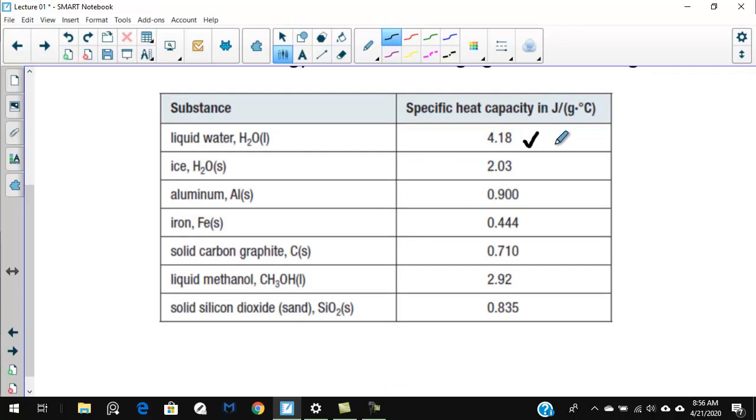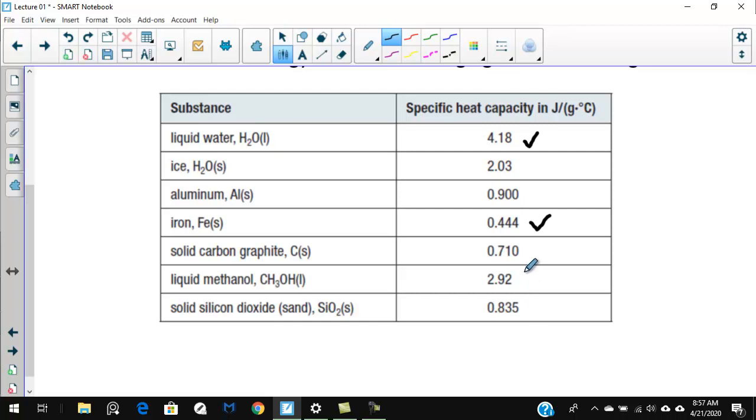So for every gram of water you want to change its temperature by 1 degree, you have to come up with just over 4 joules of energy. If you go down and look at iron, iron only takes 0.4 joules of energy for every gram increase of 1 degree. And then you can look up almost any material and find out what its specific heat capacity is.